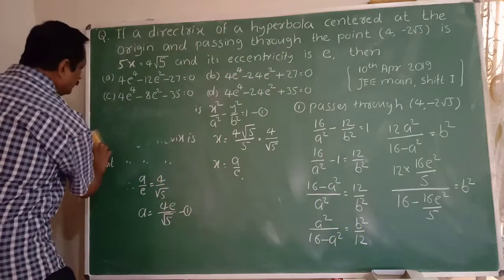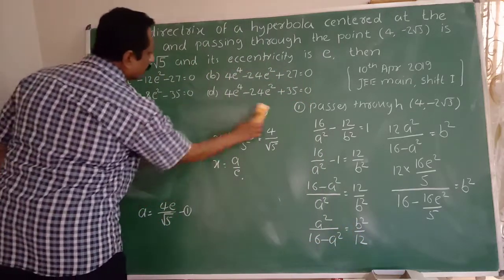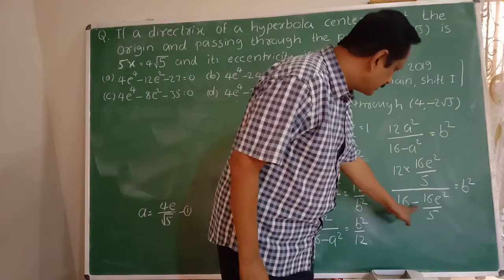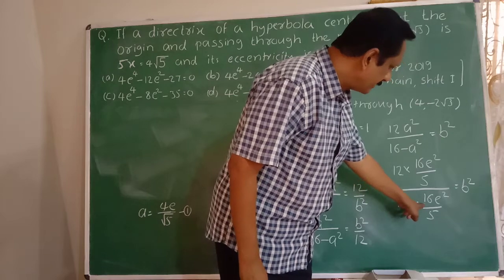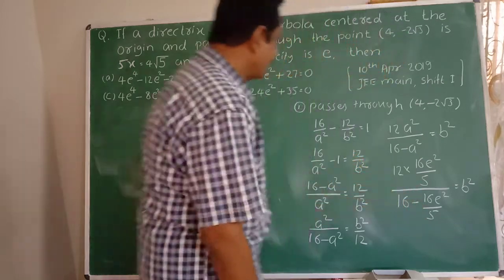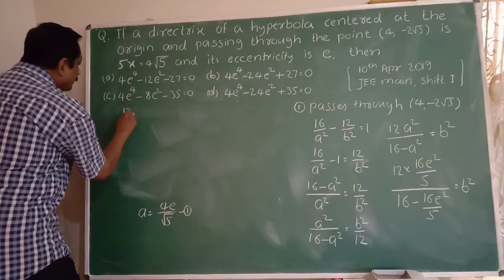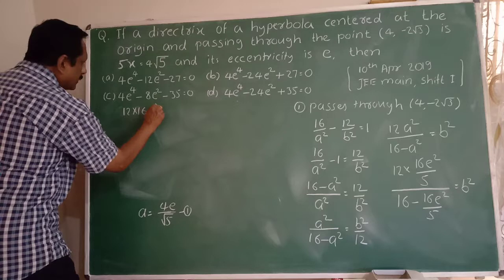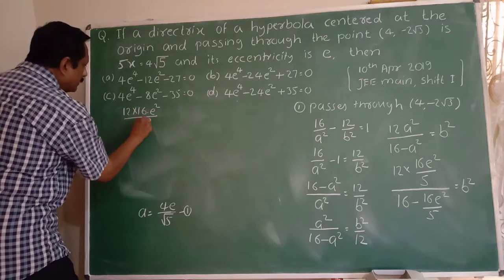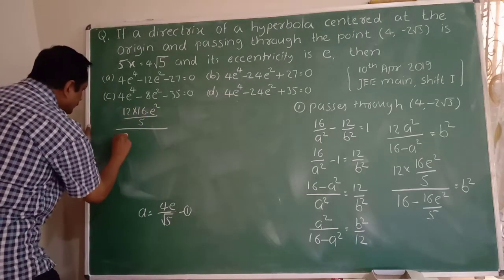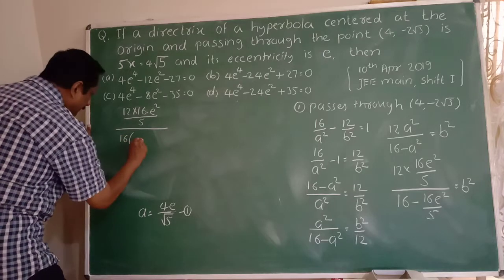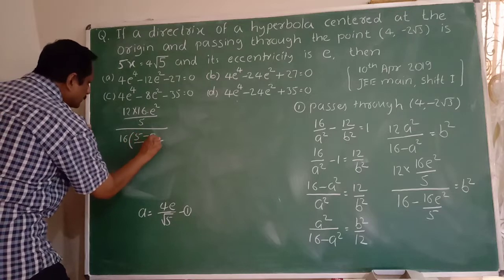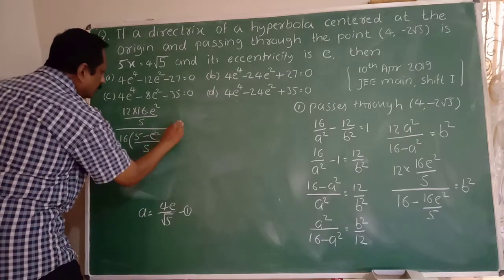We can take 16 common factor here, and after taking 16 common, 5 is the LCM here. Therefore 12 into 16e² divided by 5, divided by 16 common factor, then 5 LCM, so 5 minus e², that is equal to b² here.